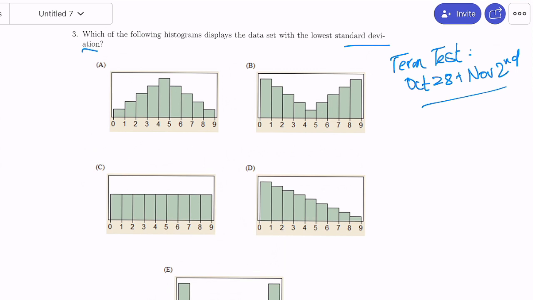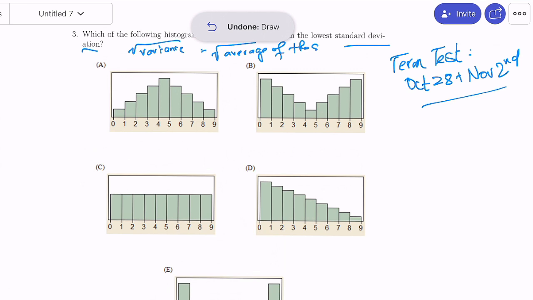So standard deviation is the square root of the variance, which is the square root of the average of the squared deviations from the mean.